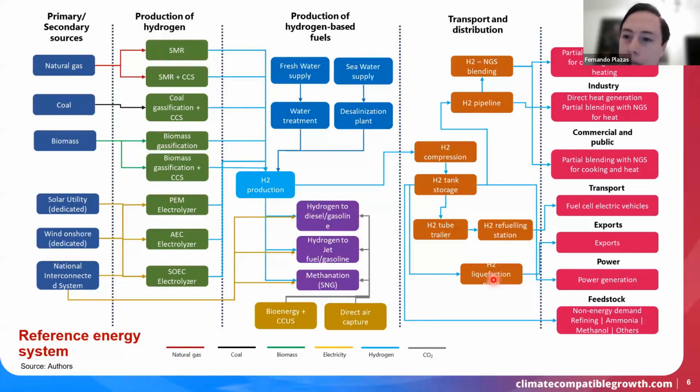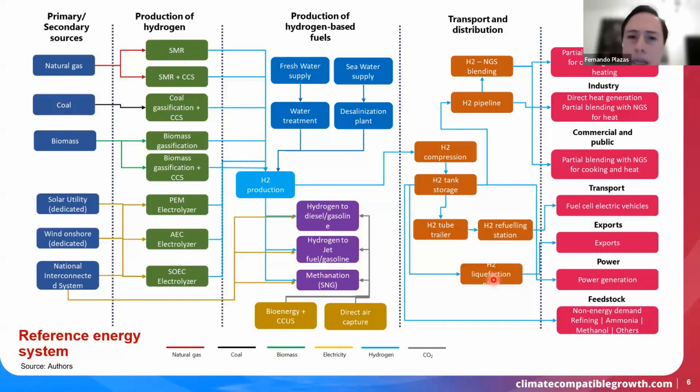And finally, we have the different uses, as we discussed before. So we have blending with natural gas. We can also have direct use for heating production. In terms of transport, we have fuel cell electric vehicles, which are fueled by hydrogen. And we have power generation.